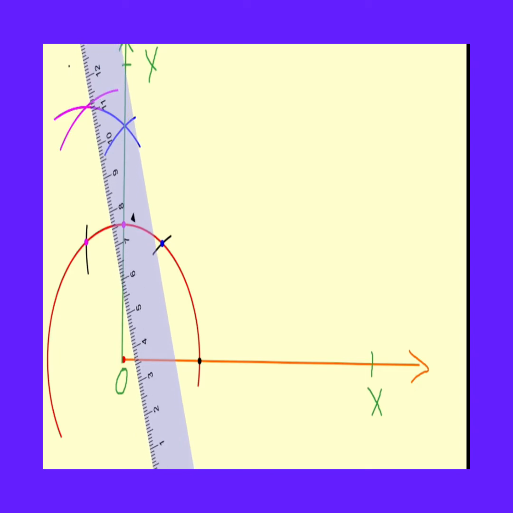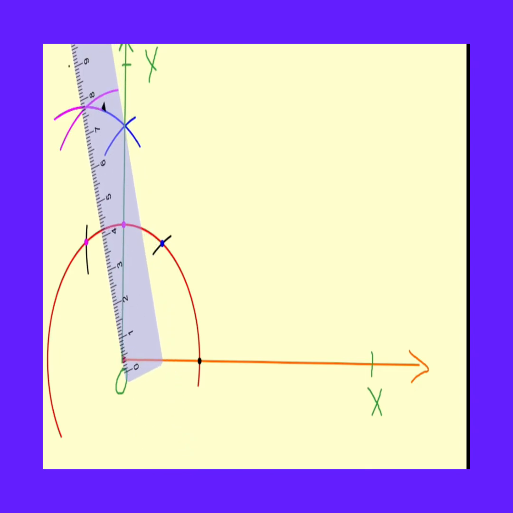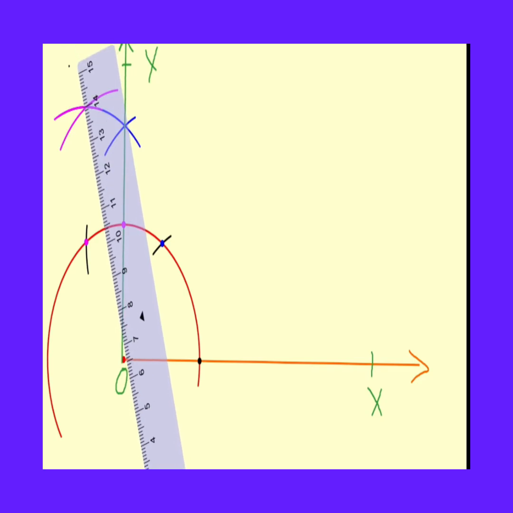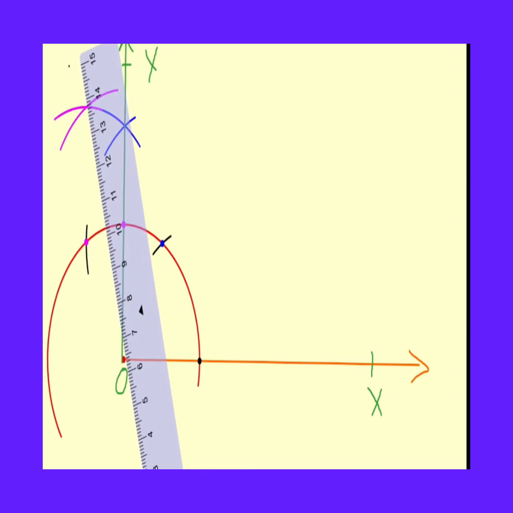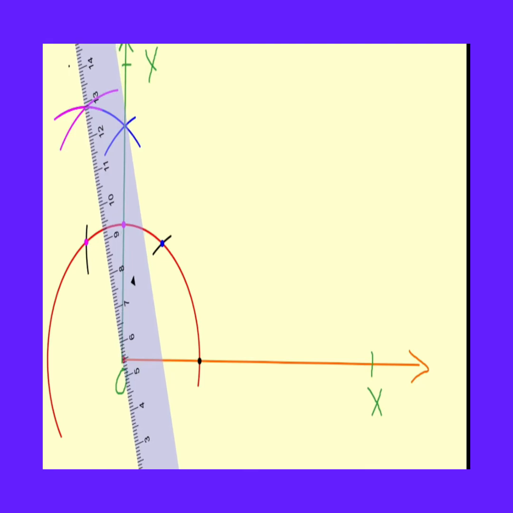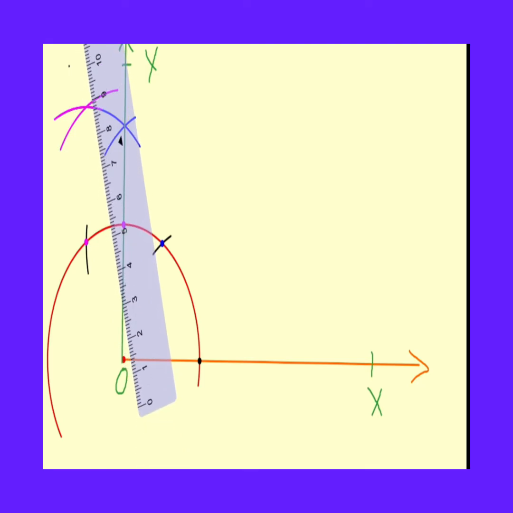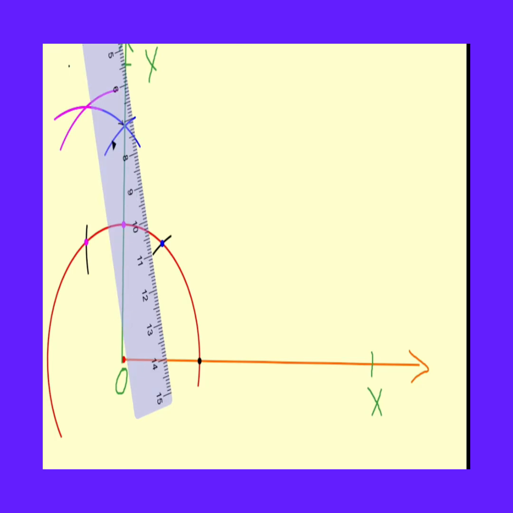If you join this point to this intersection point, then there you will get an angle, how much? 75 degree. By joining this initial point to this intersection point, you will get angle 75 degree.